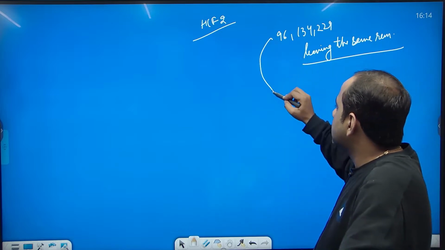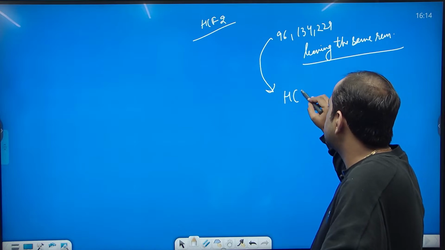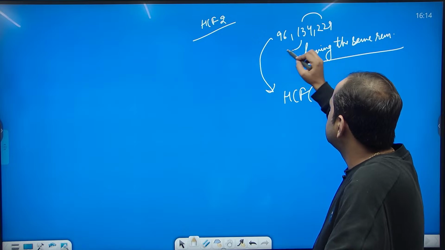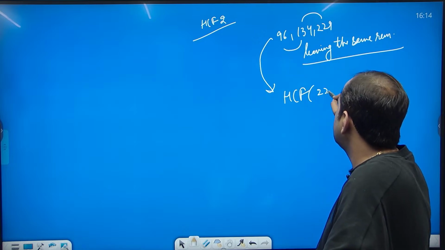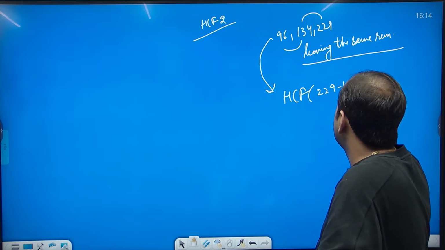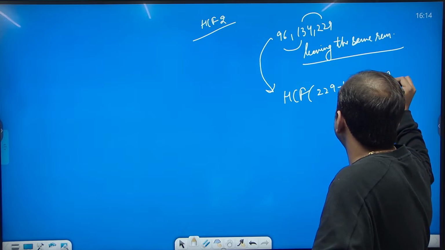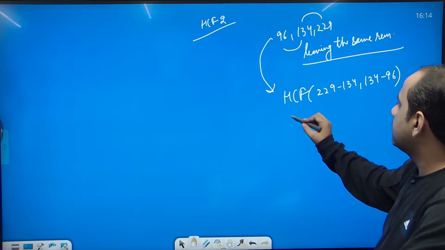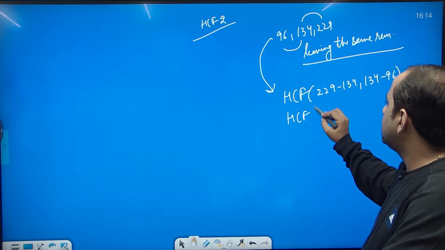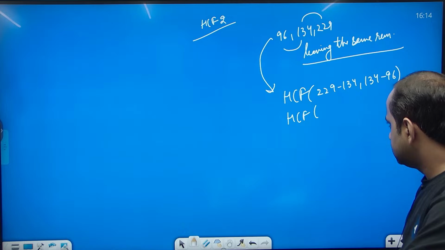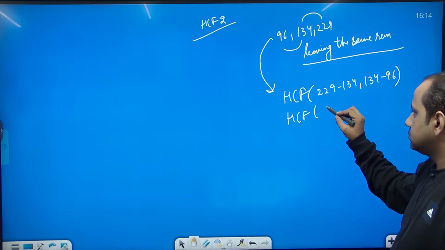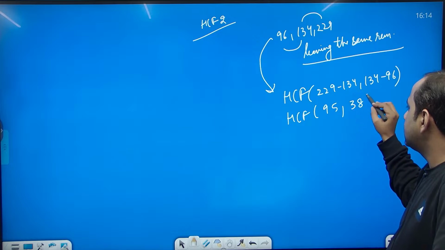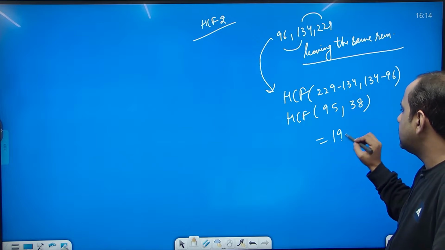So when you have to tackle these type of questions, your answer should be HCF of, just subtract pairwise numbers, 229 minus 134 and 134 minus 96. इनका HCF निकालना, ठीक है? क्या आएगा? 229 minus 134 is, and this is, you have to find HCF of this, it will be 90.